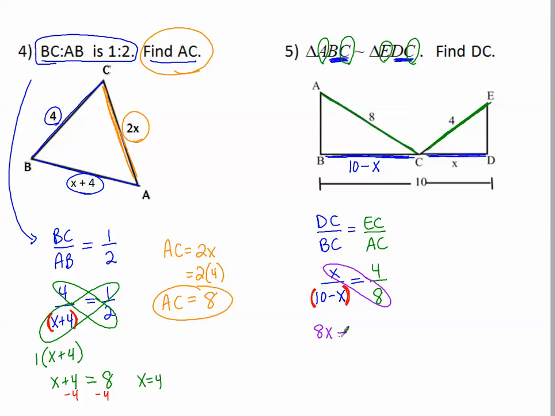8x equals 4 times 10 minus x. Distribute. 8x equals 40 minus 4x. Get our x's on the same side.